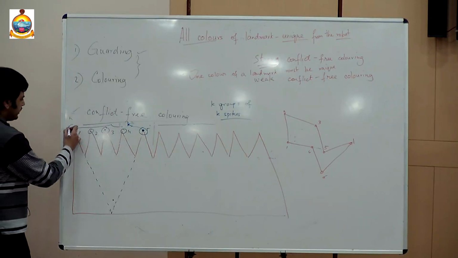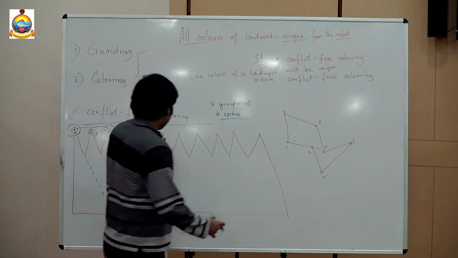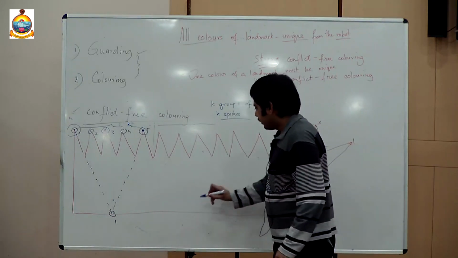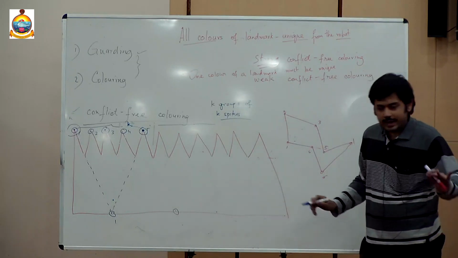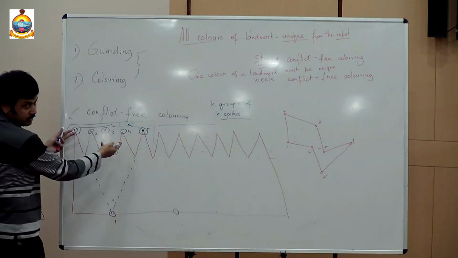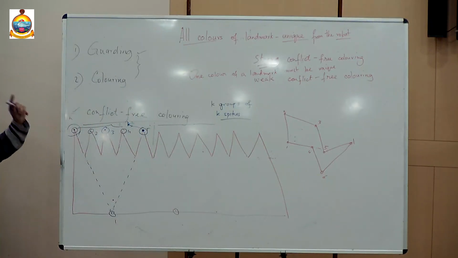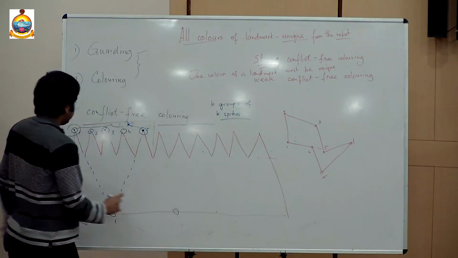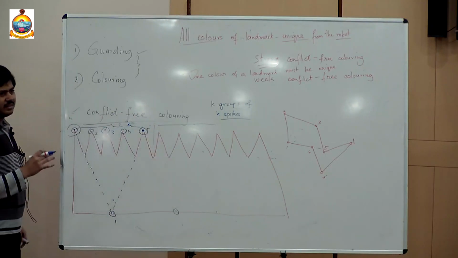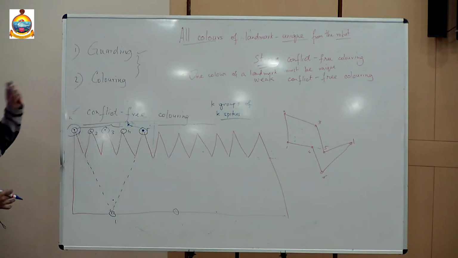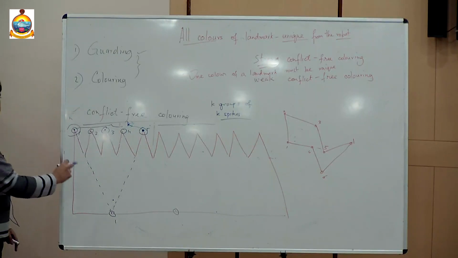I can put a guard here. If I do that for every group of k spikes, then the guards sitting here will also need unique colors. So either I put k unique colors here, or I put k unique colors below. So for strong conflict free coloring, this needs k colors. For n vertices, it is something like omega root n, so root n colors are needed for this.